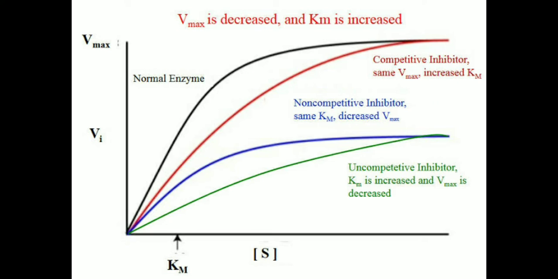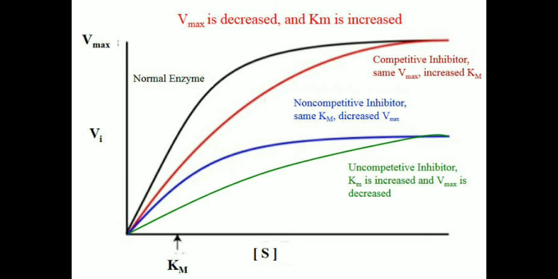In competitive inhibition, if we increase the substrate concentration, it can lower the binding of the foreign particle at the active site. In the absence of the foreign particle, the substrate concentration needed for a specific velocity of the reaction is lower than the substrate concentration needed for the same velocity in the presence of a competitive inhibitor.